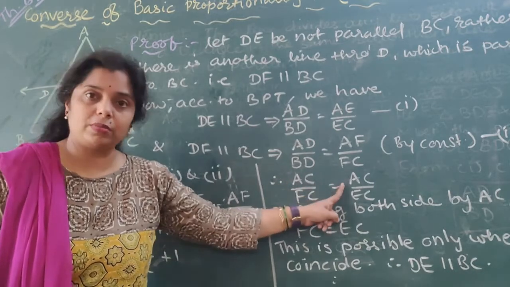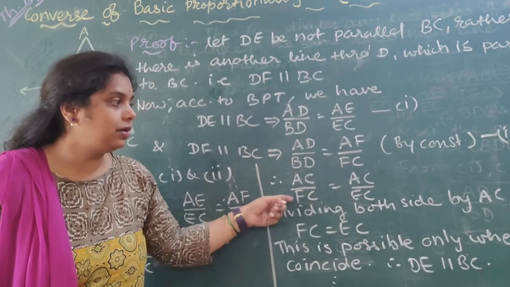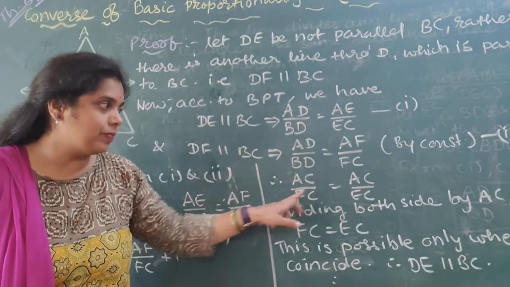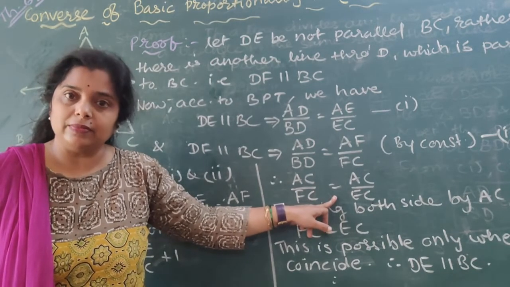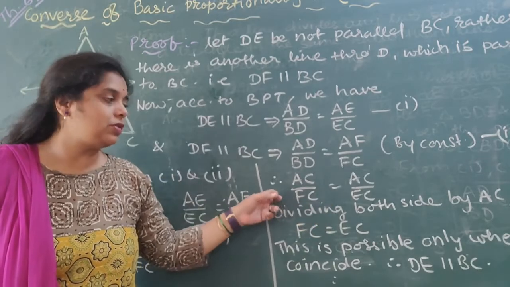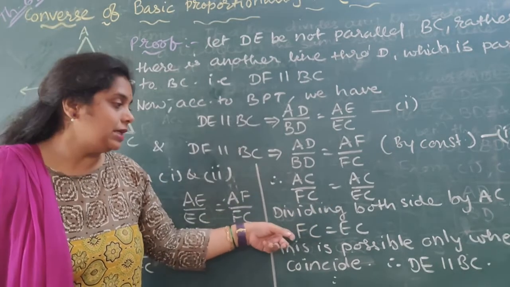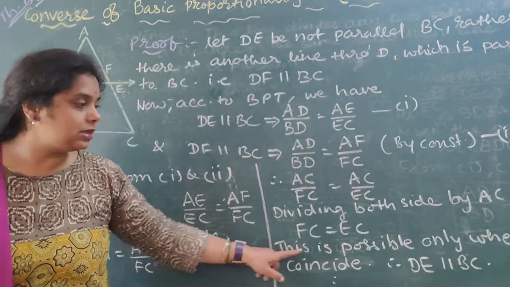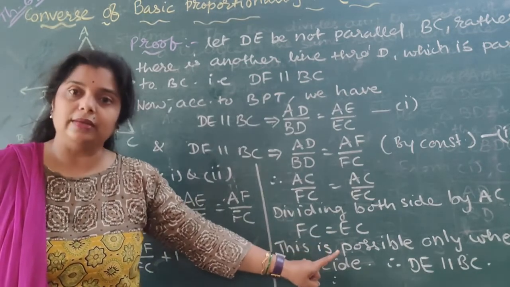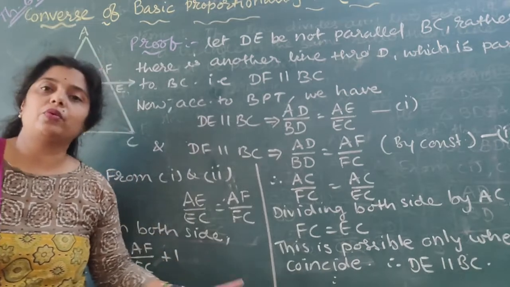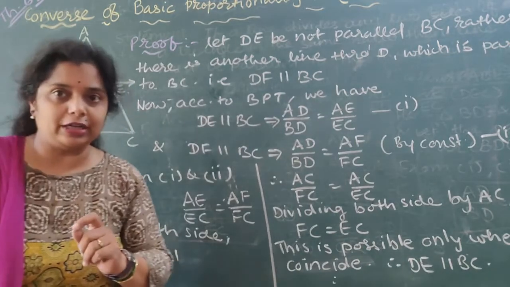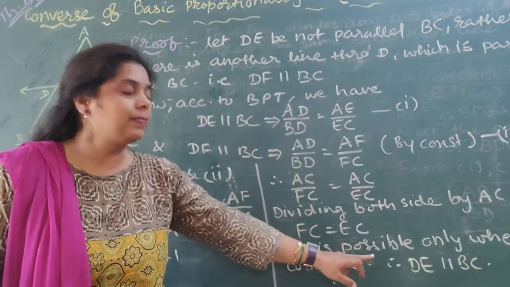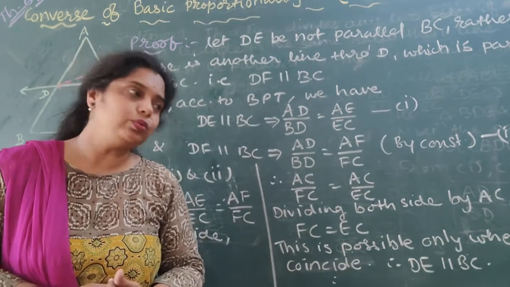AC is common, so if we divide both sides by AC, we get 1 by FC is equal to 1 by EC. It means EC is equal to FC. This is possible only when E and F coincide. It means they are the same point, and hence we can say that DE is parallel to BC.